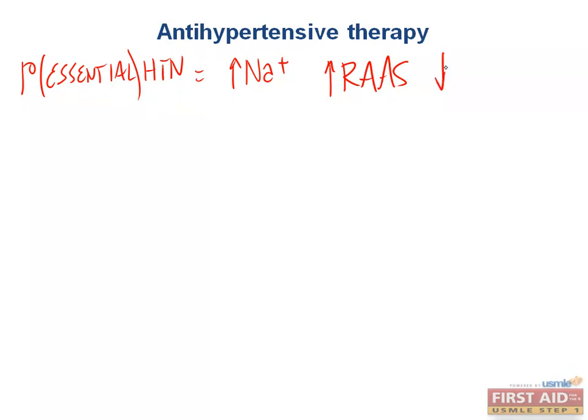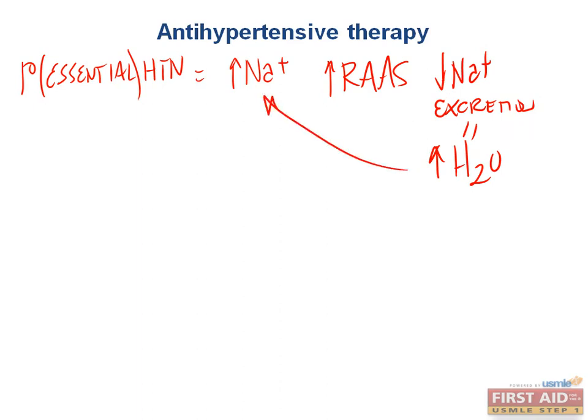Impaired excretion of sodium by the renal tubules can cause increased pressures due to retainment of water, because water follows the sodium that is being retained, and expansion of the intravascular volume.